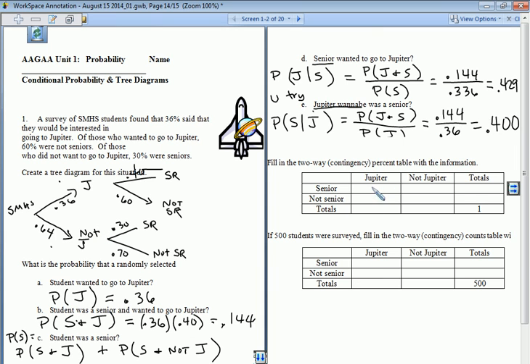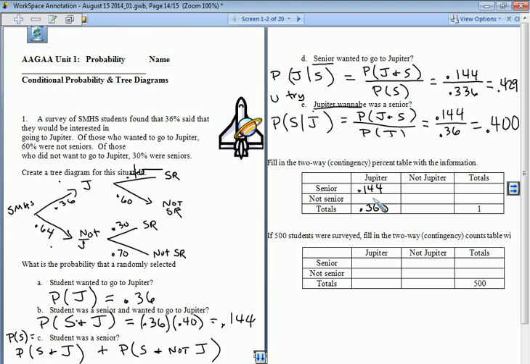If we look at the probability of senior and Jupiter, well, we've found that the probability of senior and Jupiter is 0.144. And the total here for Jupiter was 0.360.